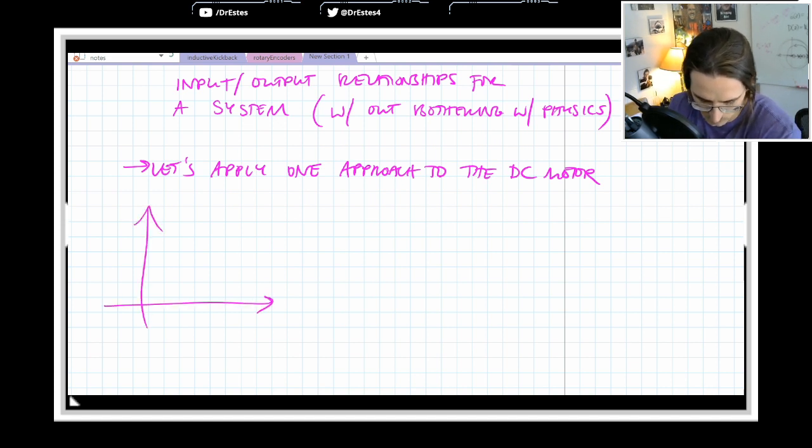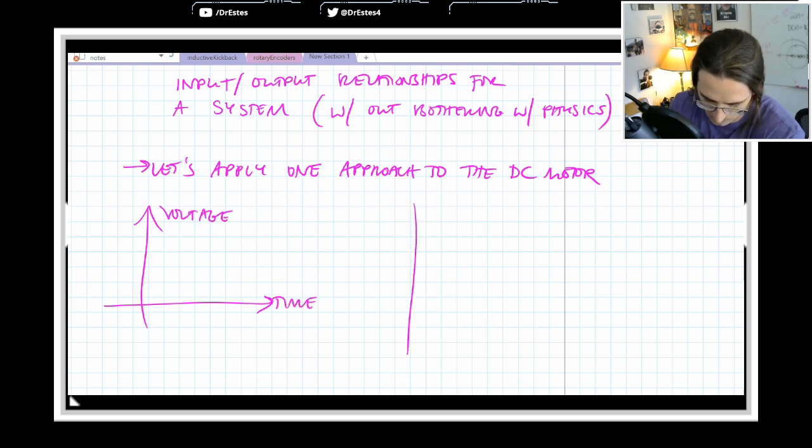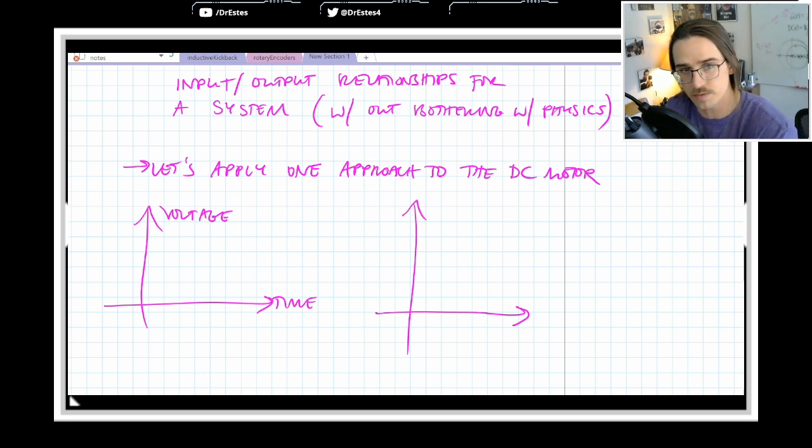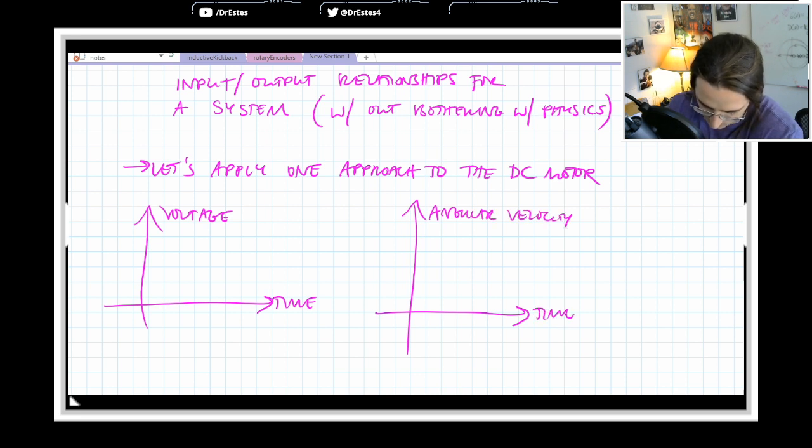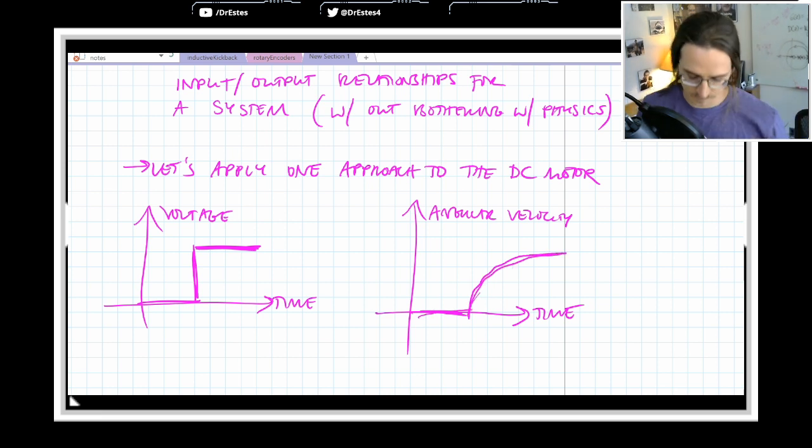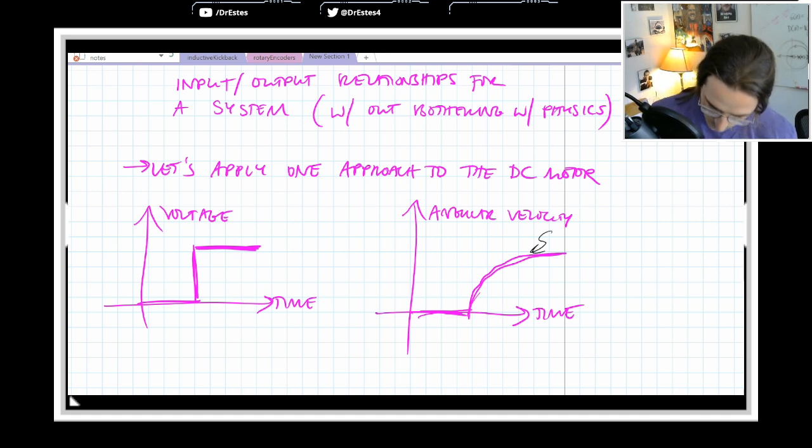The DC motor, I apply a voltage. So I'm going to have the input over here on the left. It's the voltage. And we're going to have the output, let's just say angular velocity. And if I apply a step voltage like this, we know that the angular velocity looks something like this. Now, system identification looks at this relationship and says, I don't care about the physics.